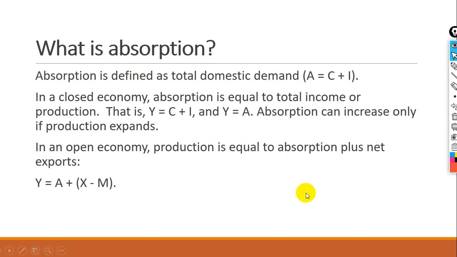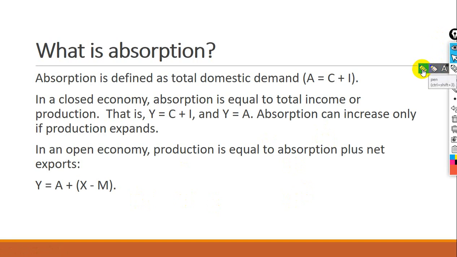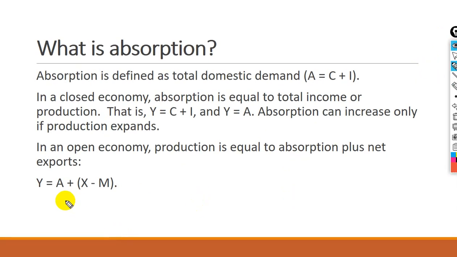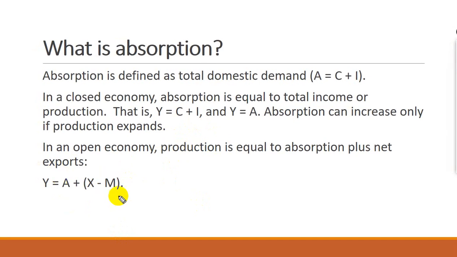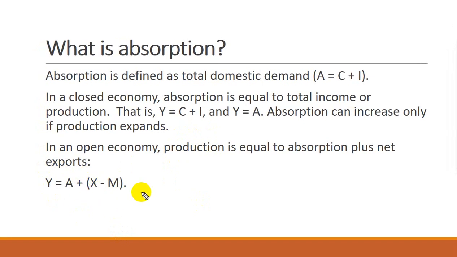While in case of an open economy, we can rewrite the equation, or the budget constraint, and replace C plus I with A. So the budget constraint will be Y equals A plus X minus M, or domestic production equals absorption plus net export.